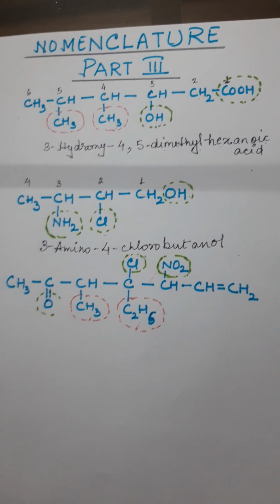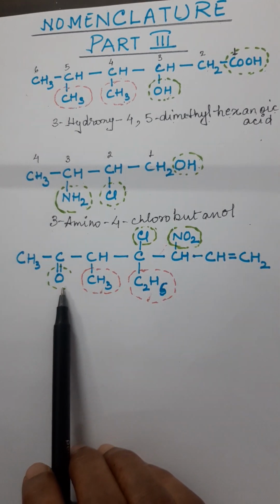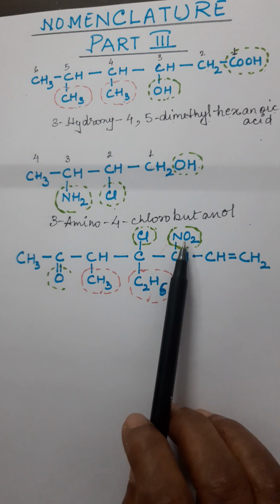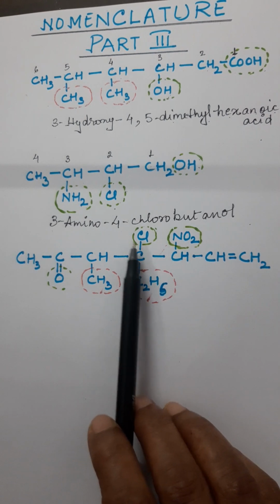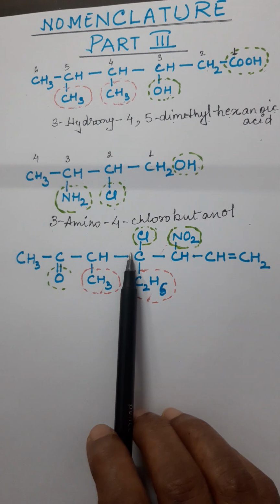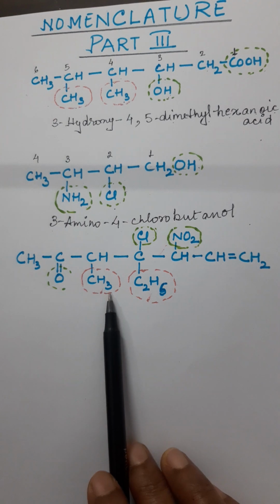Next, moving to the third structure. You see here there is a double bonded O which represents a ketone and an NO2 which represents a nitro, a Cl which represents a chloro, and along with that we also have a double bond. Then we have two branches.